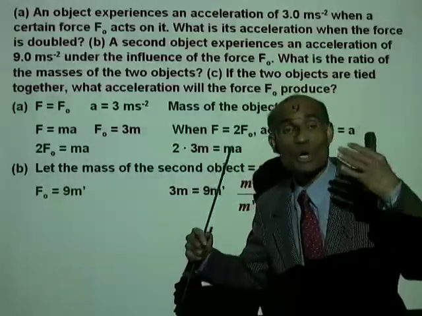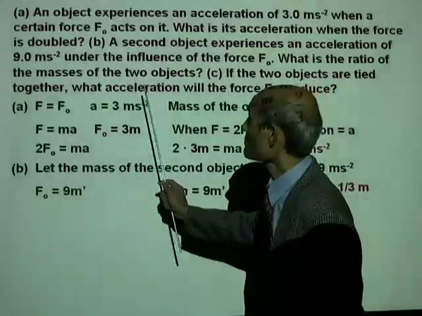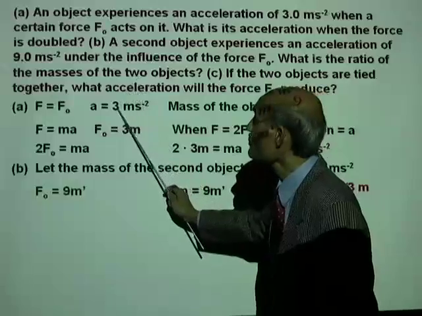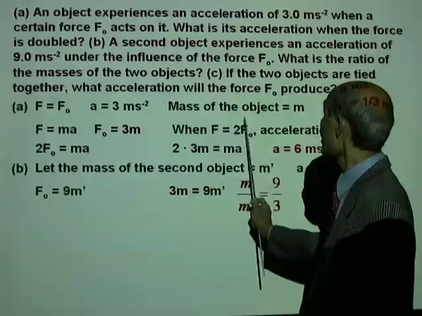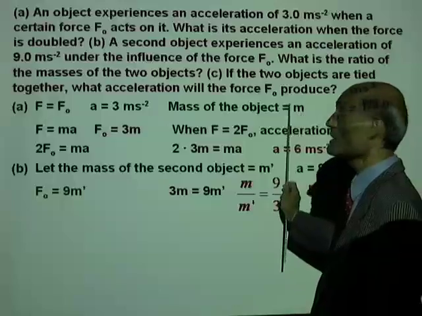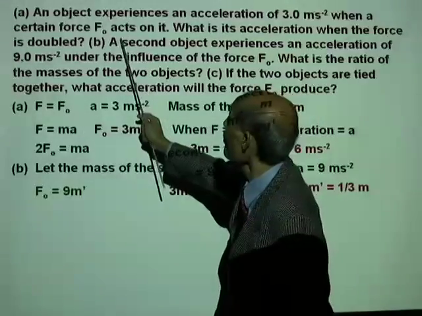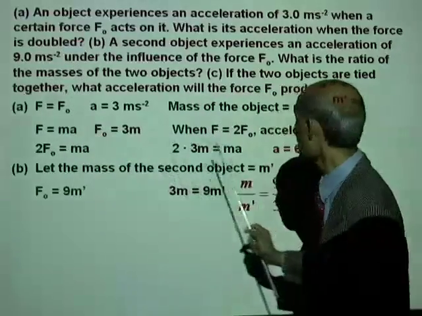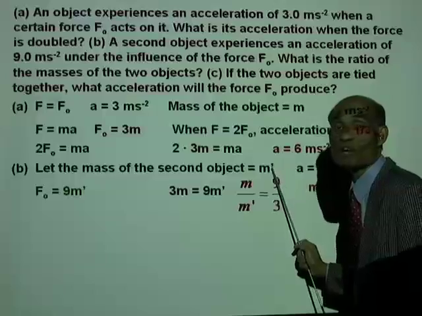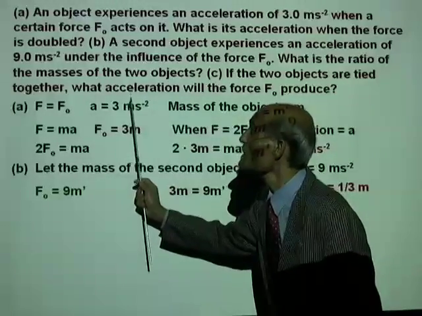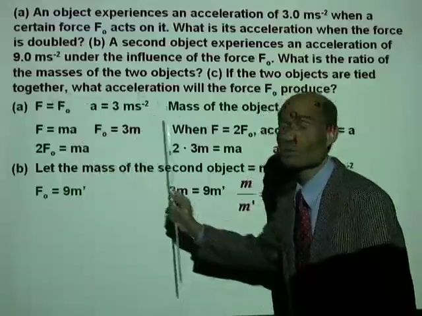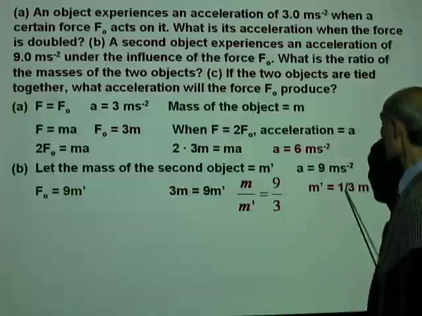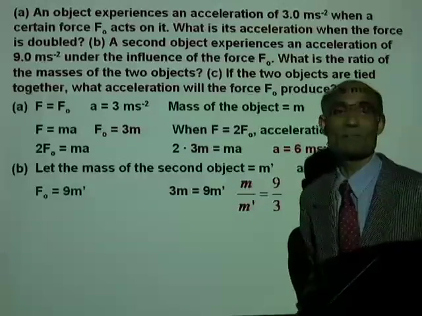You can figure it out quickly by saying that if F0 produces an acceleration of 3 meters per second squared on a mass m, the same force producing an acceleration of 9 meters per second squared on a mass m prime means that, since the acceleration is 3 times the original value, the mass has to be 1/3 of the original mass. So m prime equals 1/3 m.